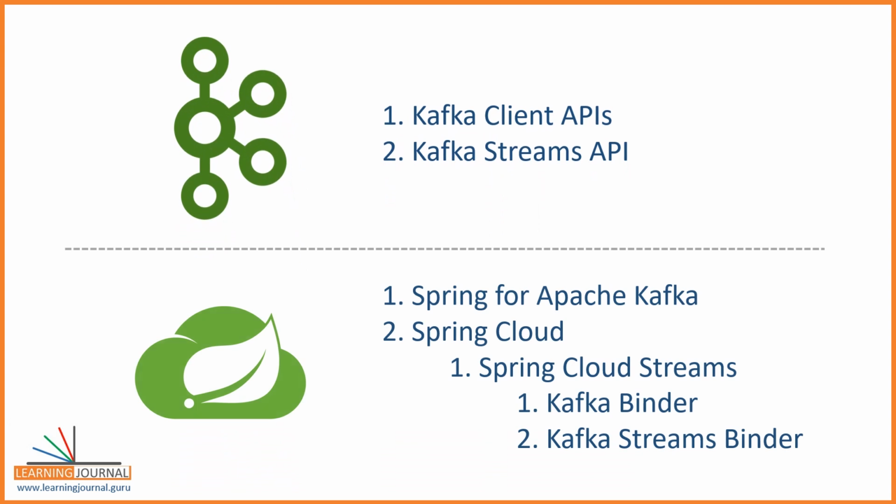Similarly, Spring implemented Kafka in two ways: Spring for Apache Kafka and Spring Cloud. Spring started implementing Kafka support in Spring Framework under the project name Spring for Apache Kafka. That one became a top-level Spring project to implement all the core features of Kafka Client APIs. Let me show you the documentation.